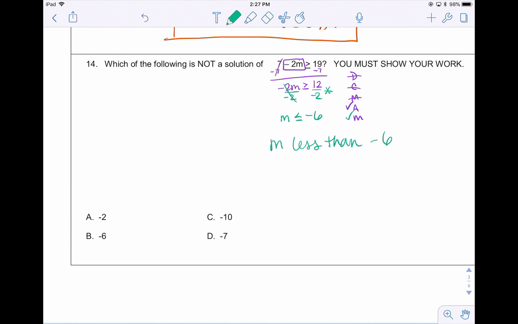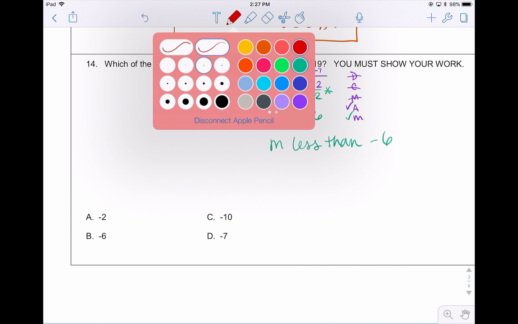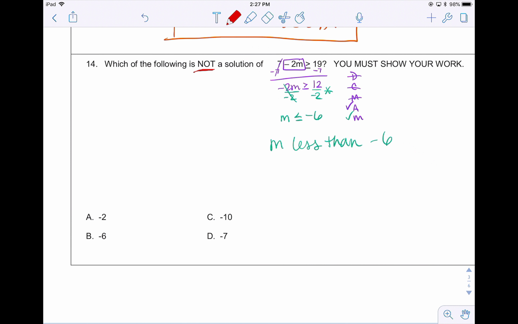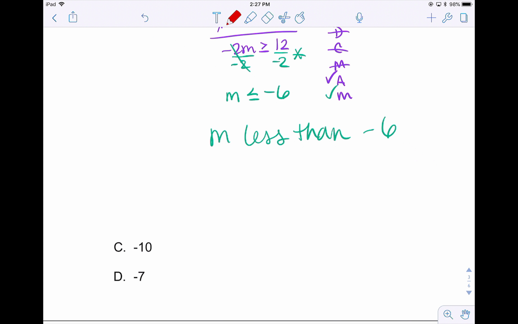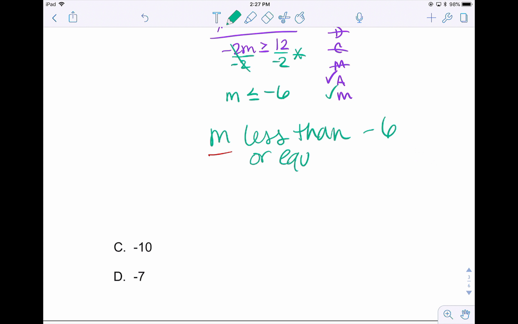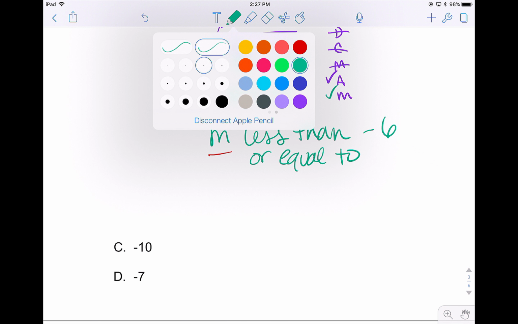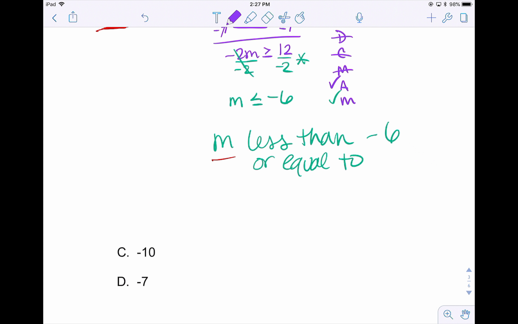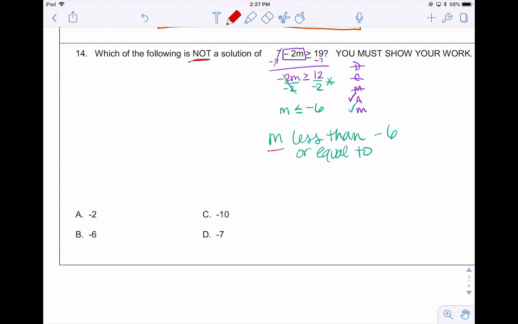Now we know they've asked us which is not a solution. So M is everything less than or equal to negative 6. Because negative 6 is the same as negative 6, that's a solution. Now we have to think about less than negative 6. If we have our number line, less than negative 6 is going to go this way.